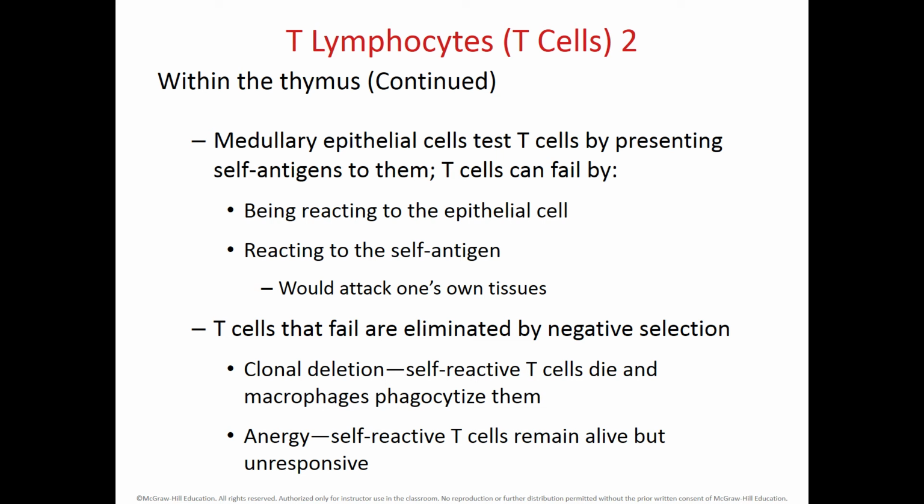The T cells are supposed to recognize your own antigens and not attack them. So if a T cell is presented with the self-antigen and attacks it, it will be negatively selected. So you have to destroy them. So you will have a clonal deletion.